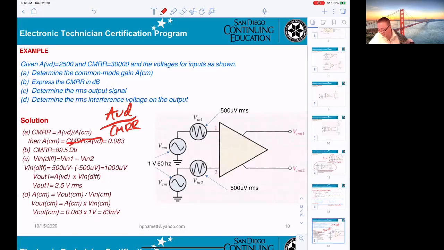Now the difference will be number C. V in differential means the difference between V in 1 minus V in 2. So it will be 500 microvolt minus negative 500, you get 1,000 microvolt. And now they calculate, they get VL equal to 2.5 VRMS.